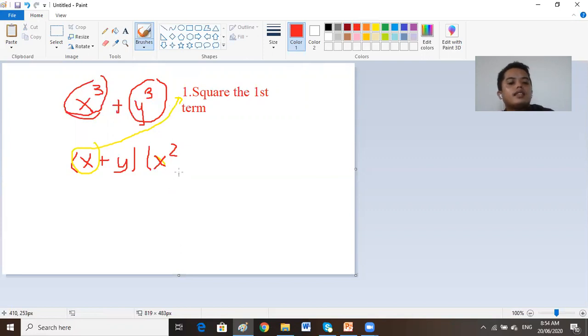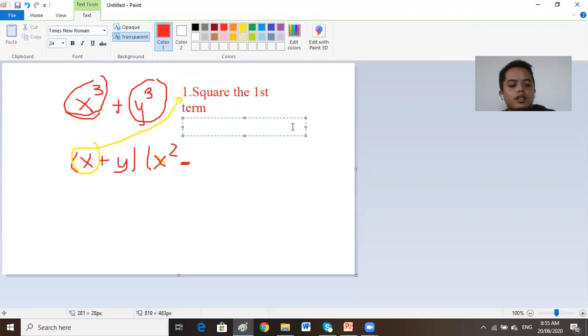Next, it is always negative here. Take note of that. Always negative. And then the second step is to multiply the first and the second or last term.